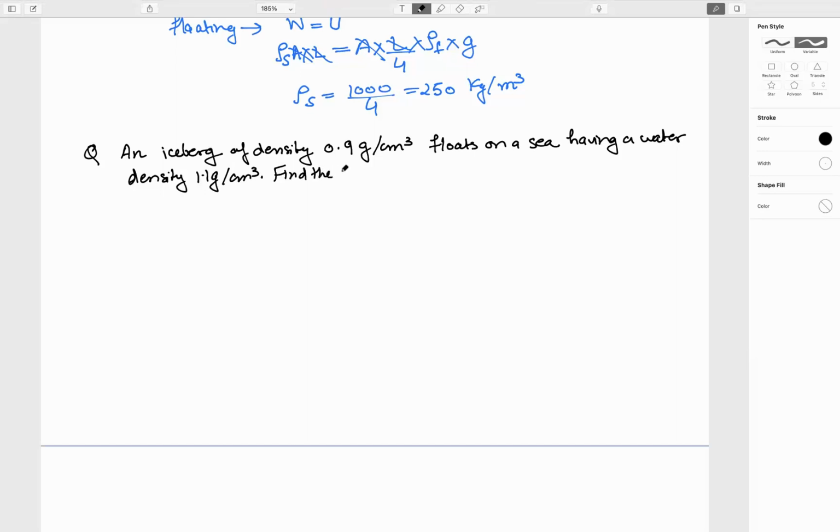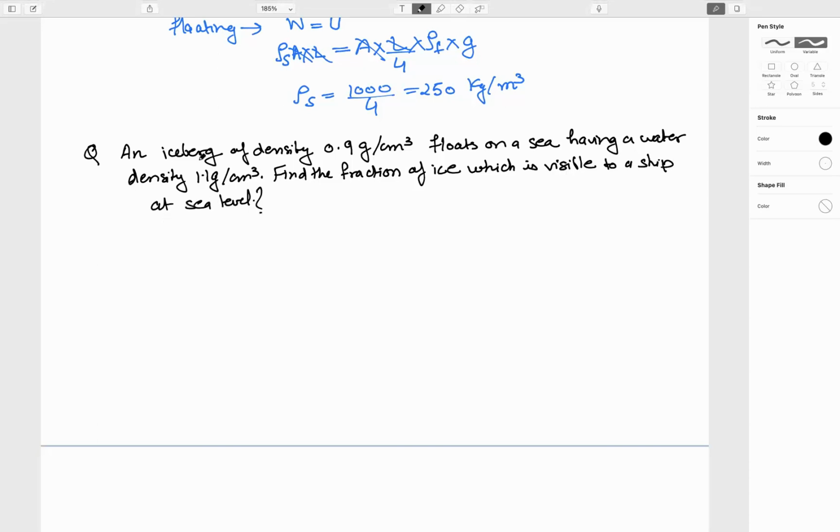Now we know the densities. Find the fraction of ice which is visible to a ship at sea level.